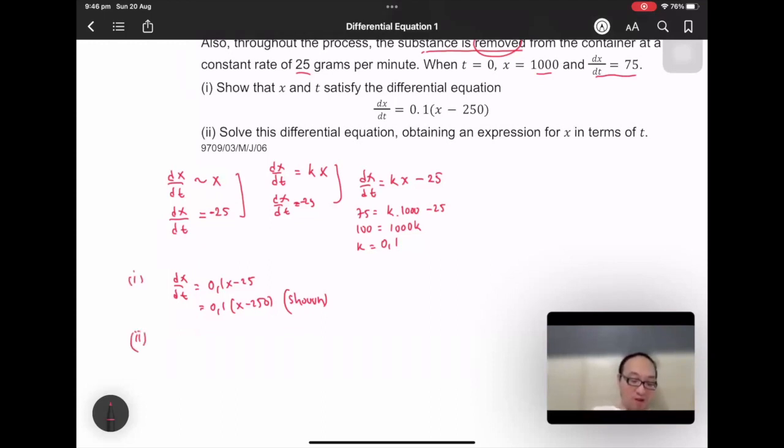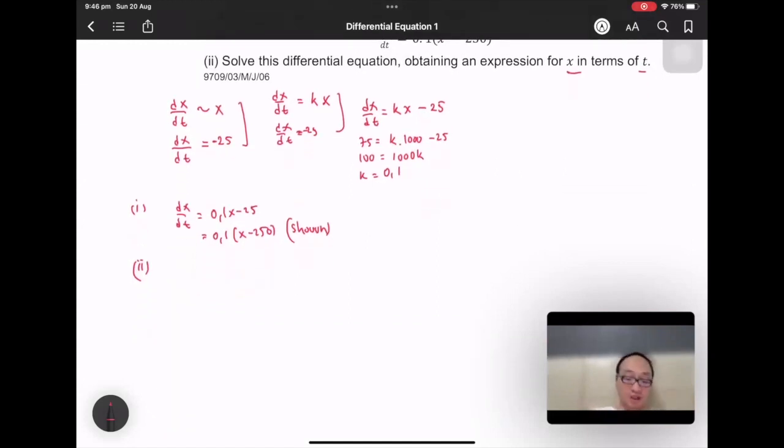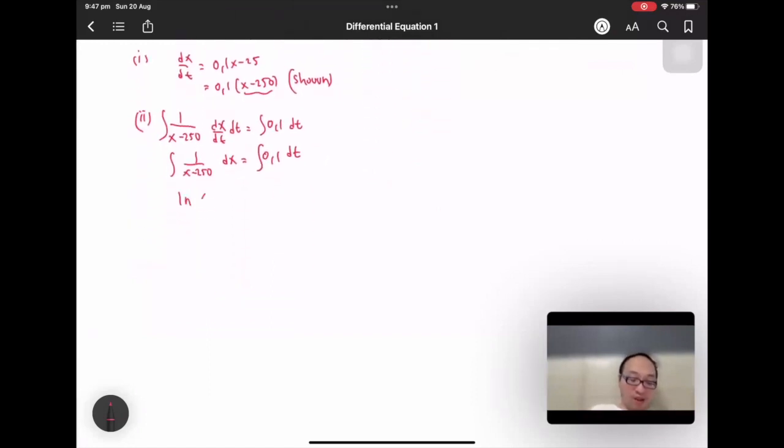And then we have to solve this expression for x in terms of t. So we move the x to the left side: 1 over (x minus 250) dx/dt equals 0.1. So we integrate both sides with respect to t. Integral of 1 over (x minus 250) dx equals 0.1 integral dt. And this will become ln|x minus 250| equals 0.1t plus c.